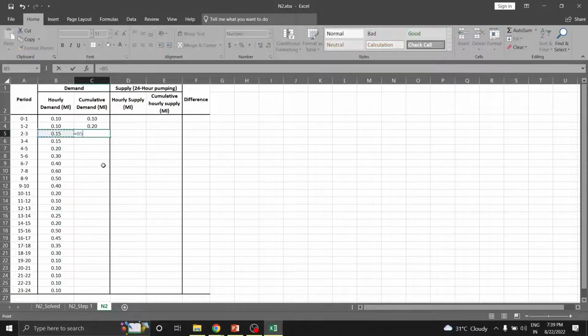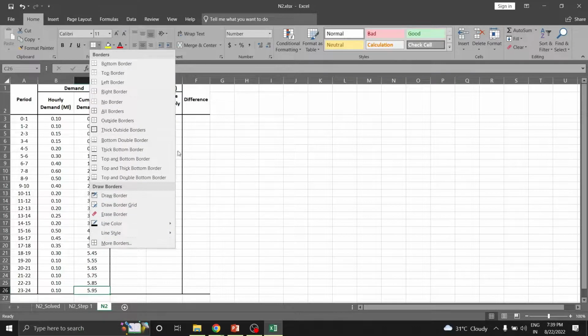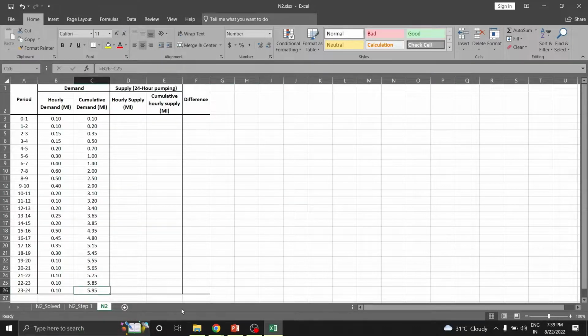Third, we add 0.15 plus whatever the cumulative value is till now, and we continue to do this for all of them. So if you see here, this is 0.1 plus whatever the previous cumulative value is, and it ends up being 5.95. So that will be the total demand of the particular city for 24 hours, right?